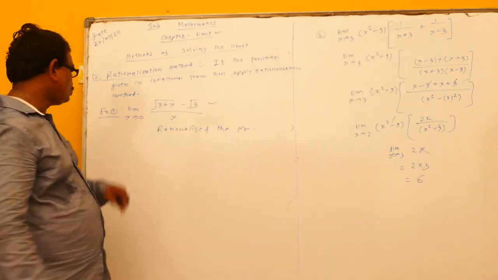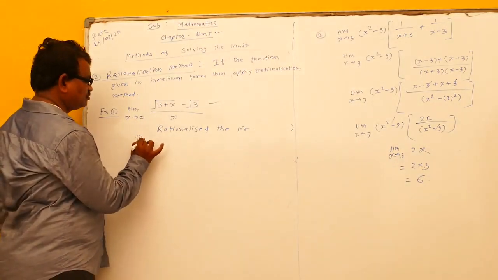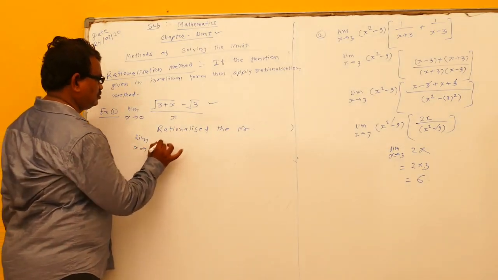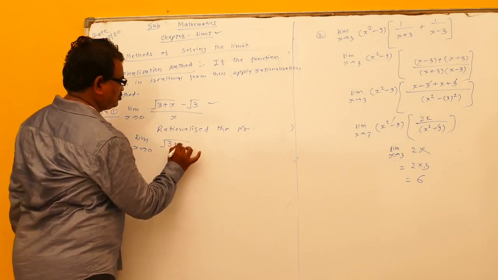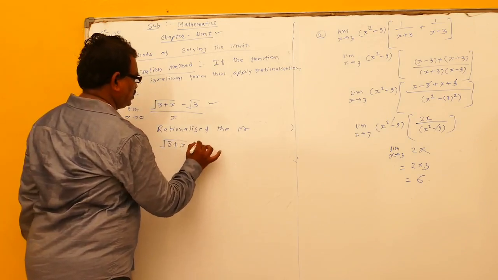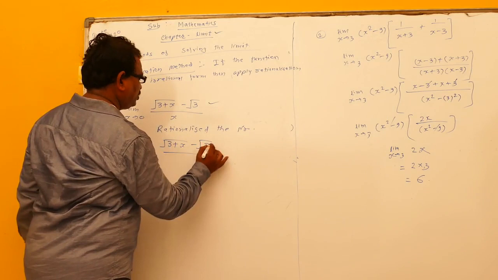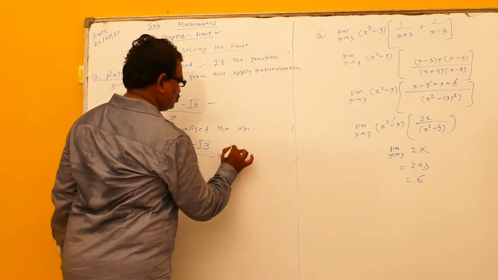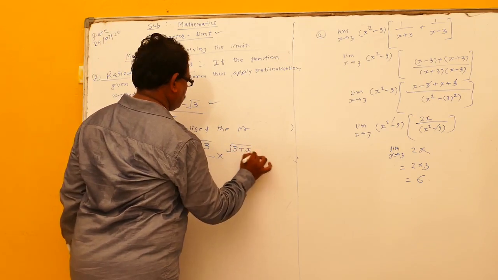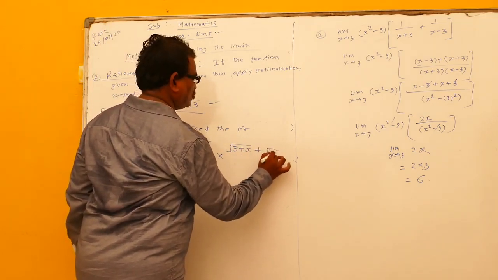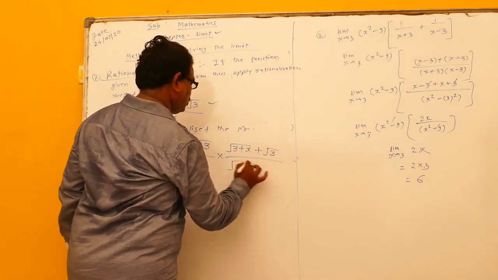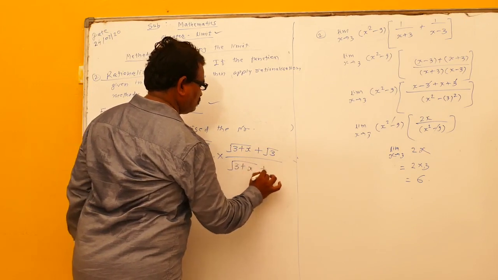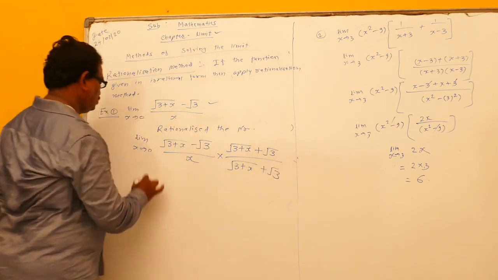So limit of x tends to 0, (under root 3 plus x minus root 3) divided by x, into (root 3 plus x plus root 3) divided by (root 3 plus x plus root 3).